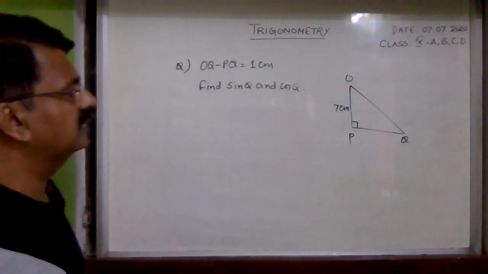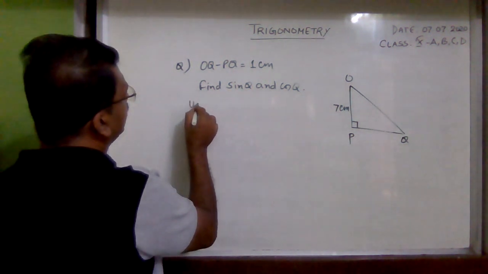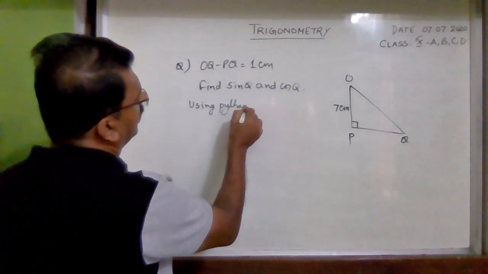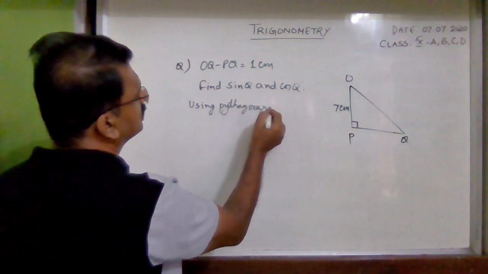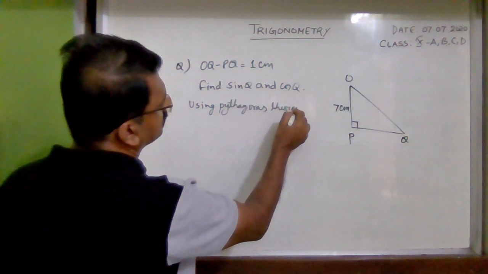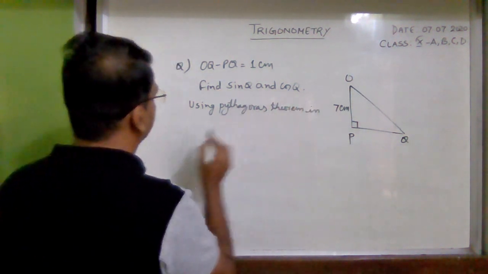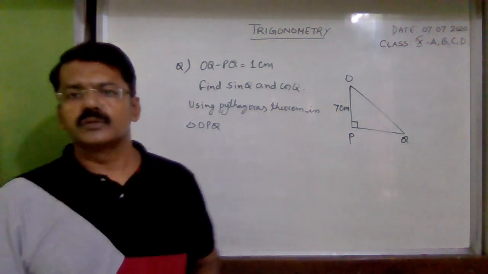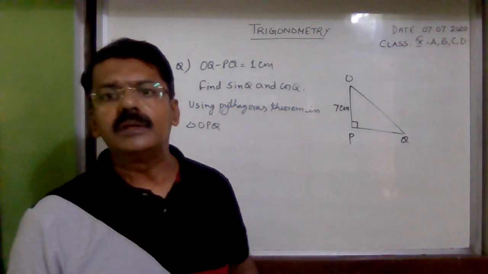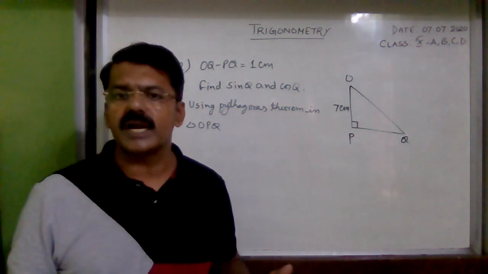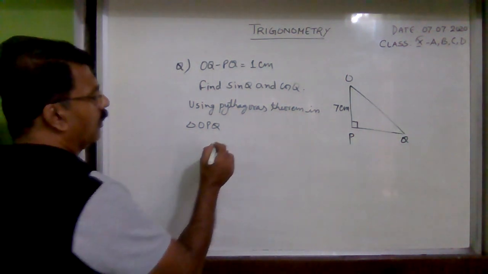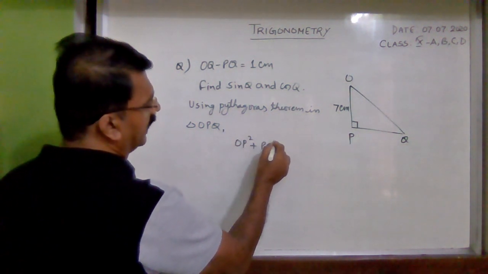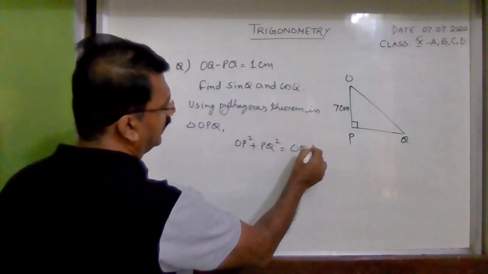So first of all, using Pythagoras theorem in triangle OPQ, as it is a right angle triangle, we can apply the Pythagoras theorem anytime. So using Pythagoras theorem in triangle OPQ, OP square plus PQ square is equal to OQ square.